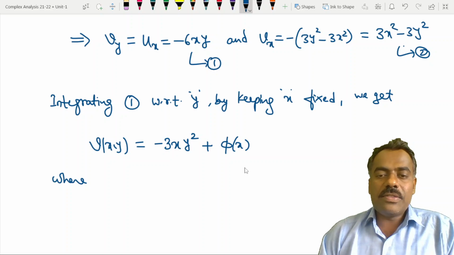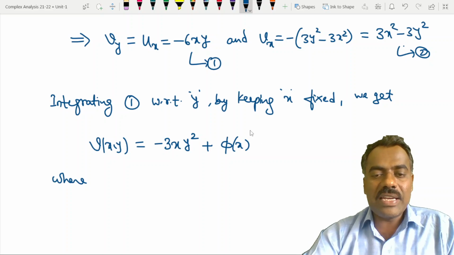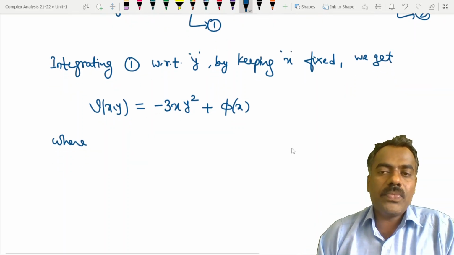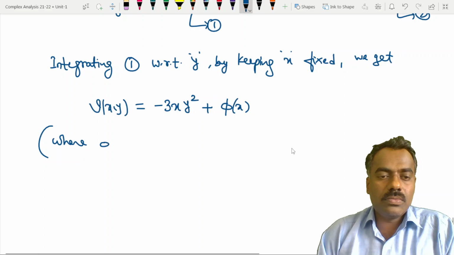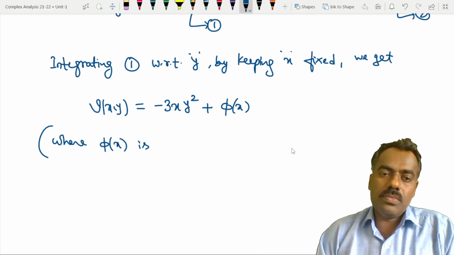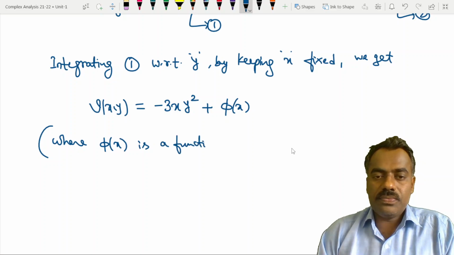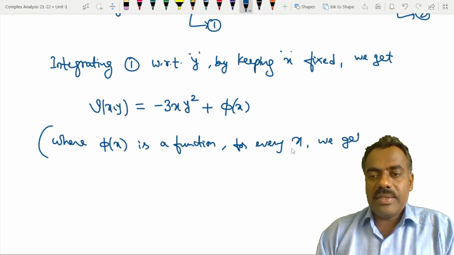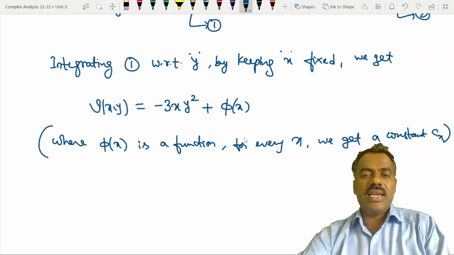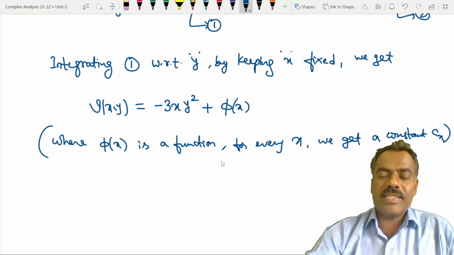That's why we are denoting that simply by phi x, and we will find what is phi x. It is a function, because for every x we get a constant, you can call it cx, we get a value cx, right? That we are denoting simply as phi x. Clear?